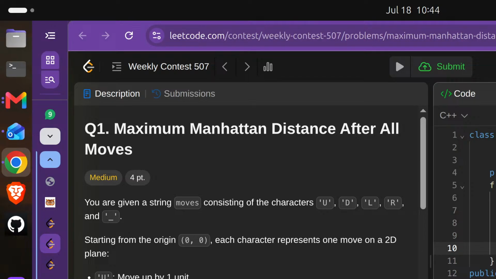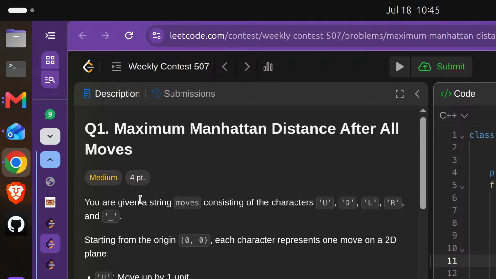So if ch is equal to underscore, then in that case we will have 4 cases. In that case, I will have integer up is equal to whatever.